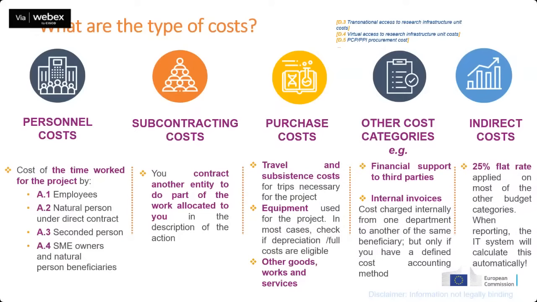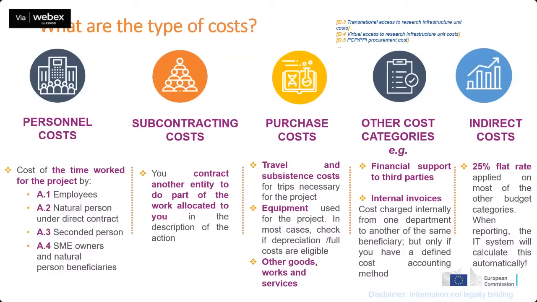Subcontracting costs. So when you contract work to another entity, that is where we're talking about subcontractors. We have another important cost category, which is purchase costs, and it's really the purchases that you made for your actions.